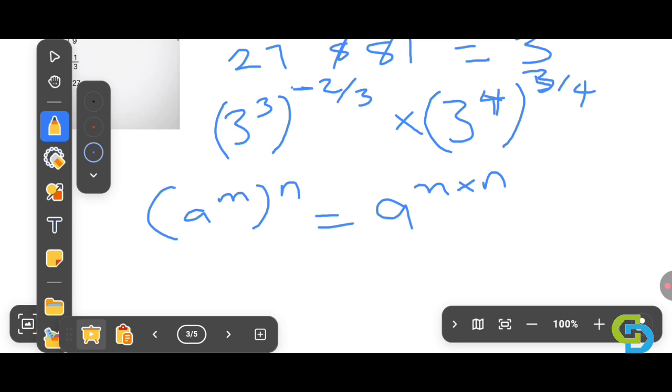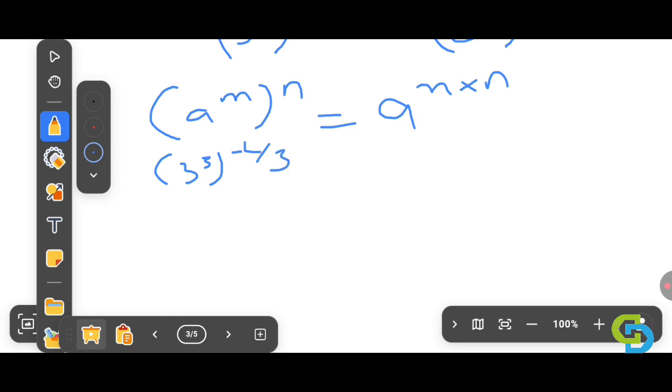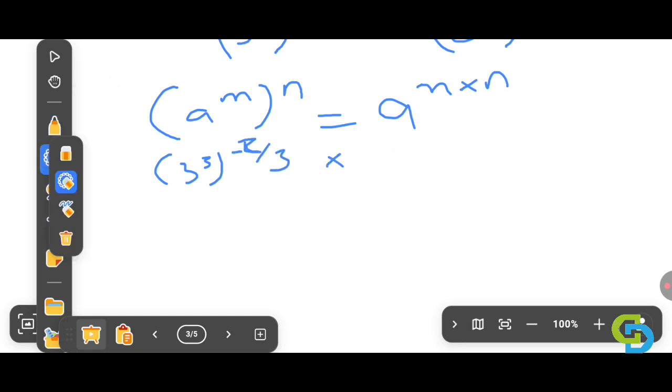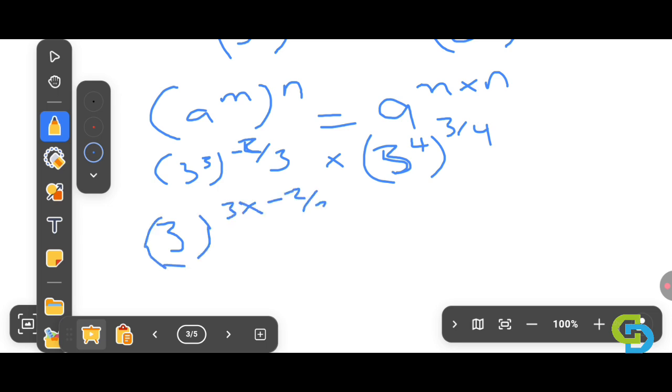In simple terms, we have 3 raised to 3, raised to minus 2 over 3, times 3 raised to 4, raised to 3 over 4. So this is going to be 3 to the power 3 times minus 2 over 3, times 3 to the power 4 times 3 over 4.